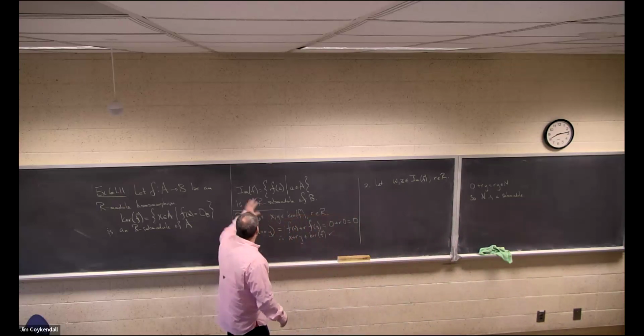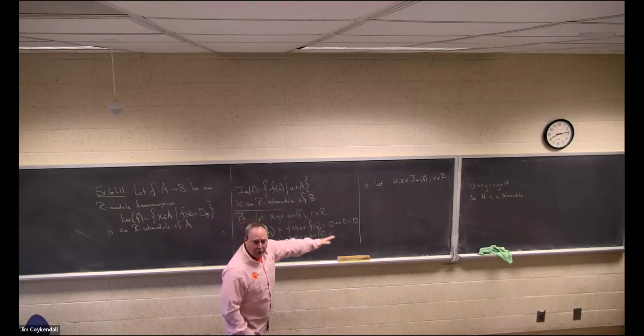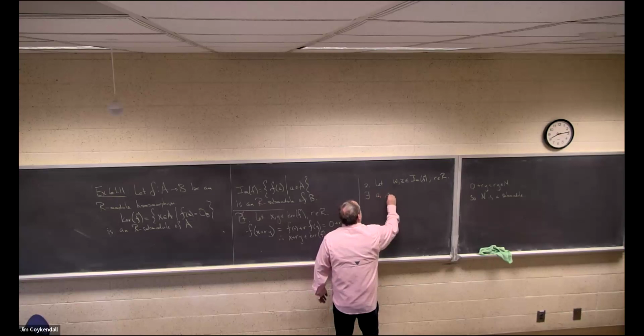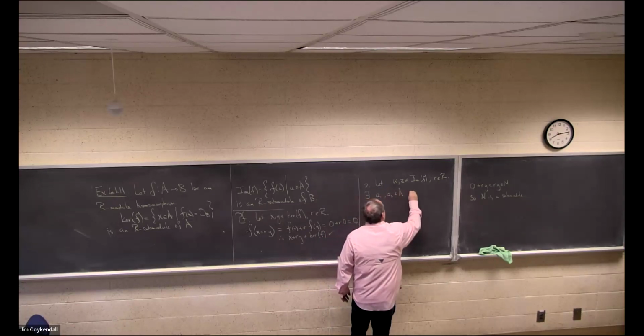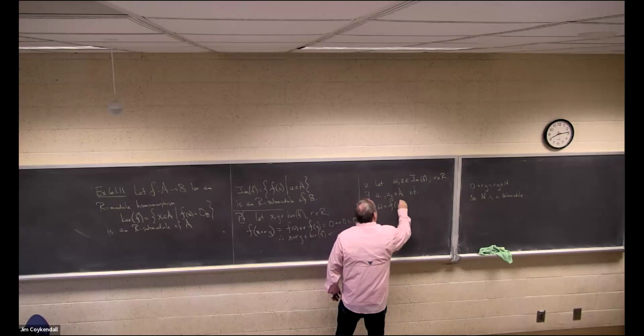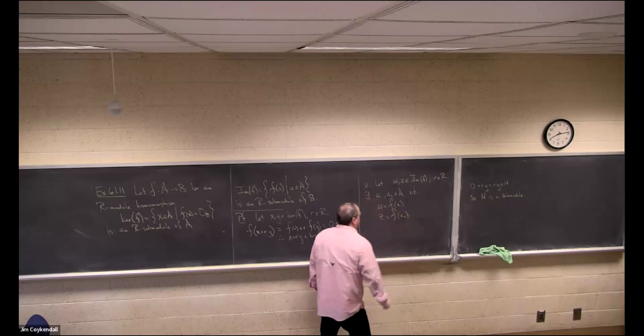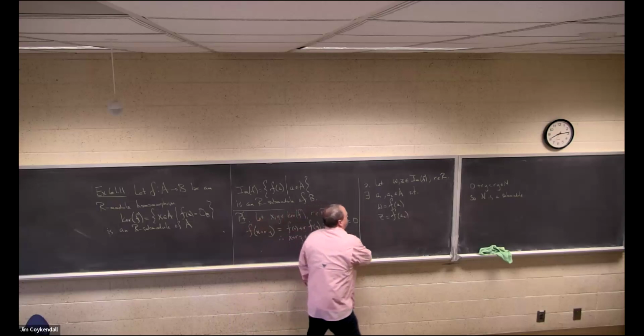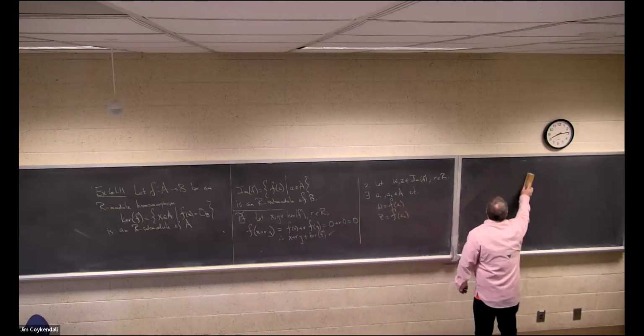It means there's something back here in A that goes to it. So there exist a1 and a2 in A such that w = f(a1) and z = f(a2).